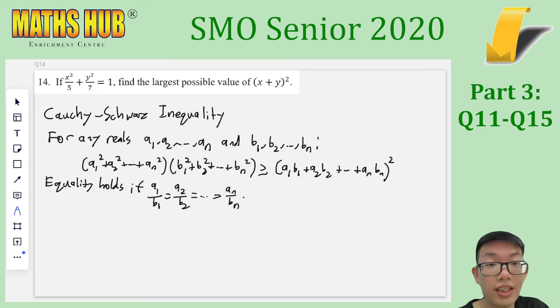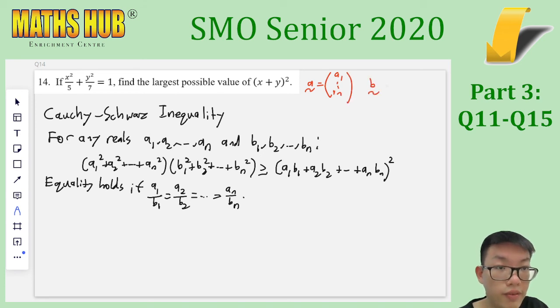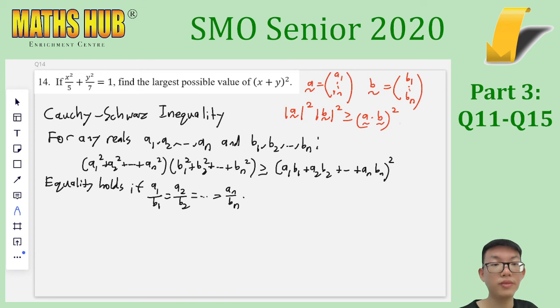You can think of this as having a vector A which has n dimensions, the vector B having n dimensions, and then this statement really just says that the length of A squared times the length of B squared is greater than or equal to A dot B squared, which we know is true since A dot B is actually the length of A times the length of B times cosine of the angle between them.